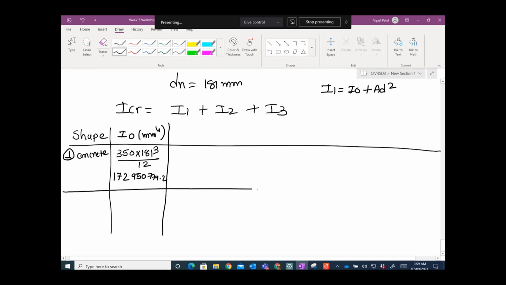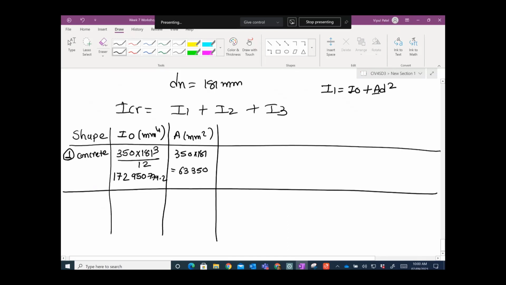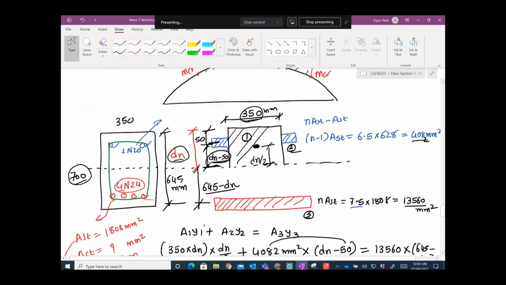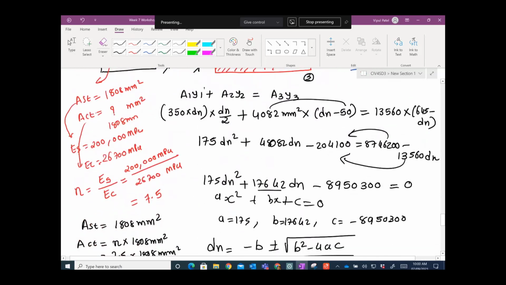Let's draw the line, and I0, then after that you have area, in millimeter squared, 350 times 181, so you get 63,350. Then you have D in millimeters. D is this distance from the centroid, dn divided by 2, so that is the D from the centroid to the neutral axis.